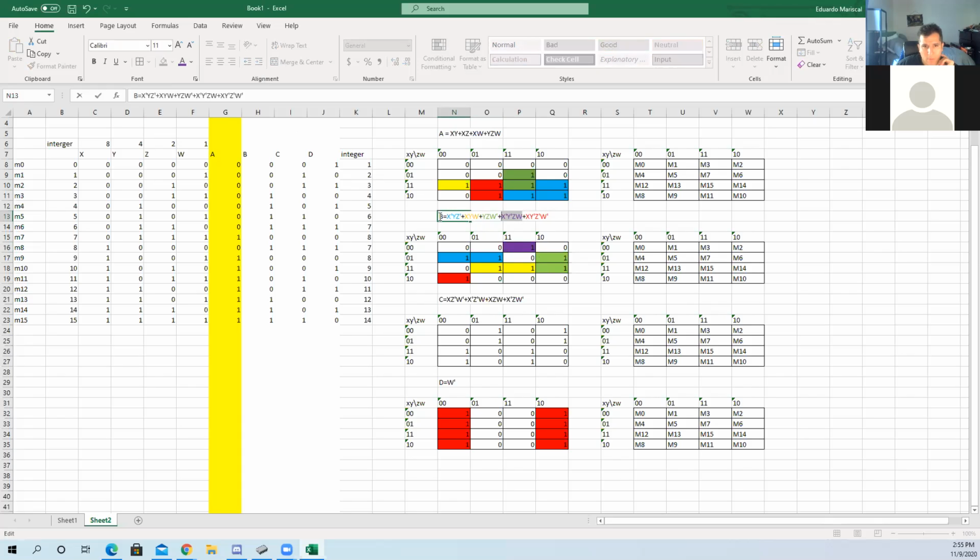And then I'll put it bold, that way it's easier for you guys to see. So that would represent that one right there. So the purple one will be X naught, Y naught, ZW.